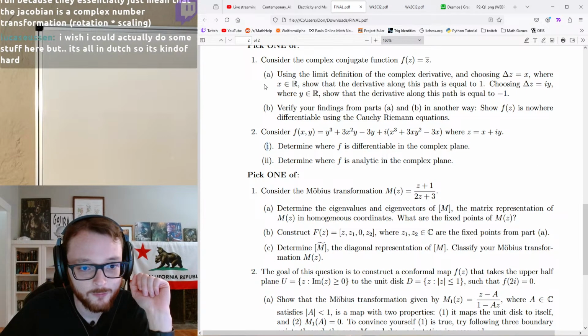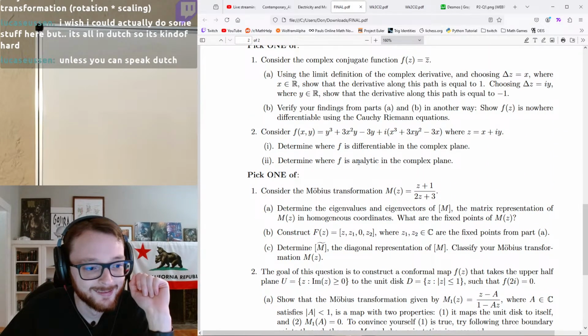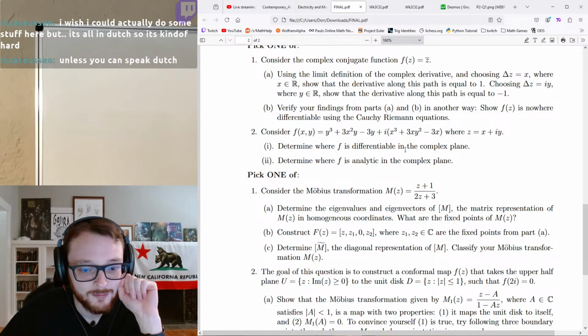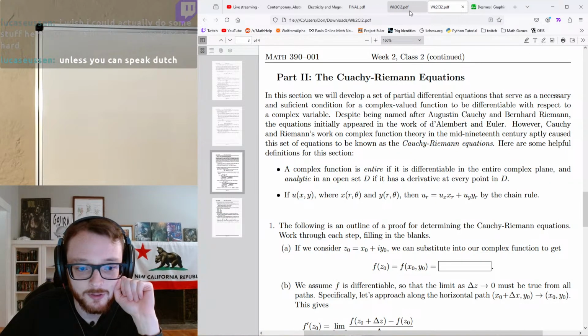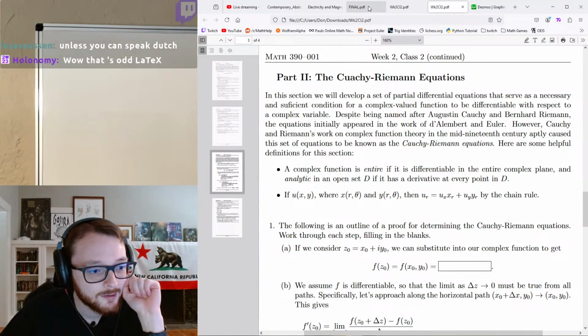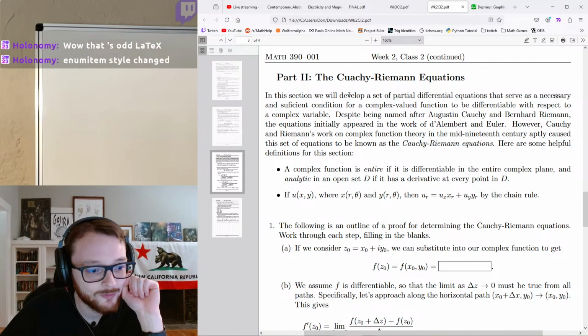Why does Penn Center go from A and B to 1 and 2? I wonder if there is a distinction here that I'm not picking up on. Complex functions are fun because they essentially just mean the Jacobian is a complex number transformation. Oh yeah, I described that somewhere as being like an amplitwist.